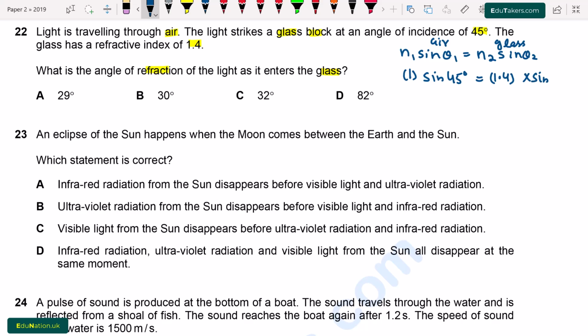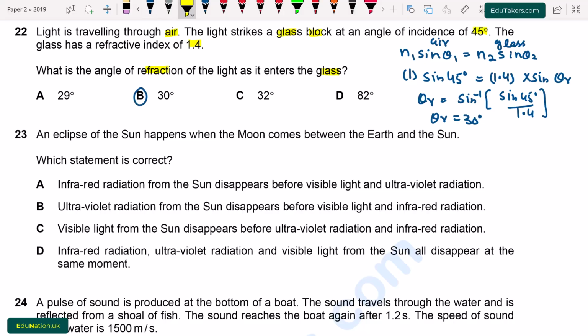This angle is basically the angle of refraction. So theta r will be equal to sin inverse of sin 45 degrees divided by 1.4. So the value of the angle of refraction will be equal to 30 degrees. From here option B is correct.